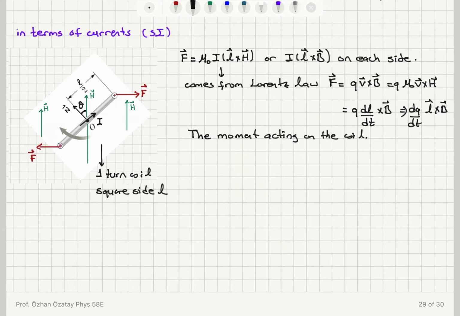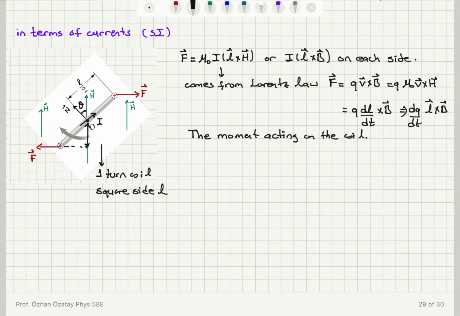On the other sides, the forces will cancel, so it's just the one that has the current coming out and going into the board that has a contribution. You can find the perpendicular distance between the force and the point of application of the force. So that is this perpendicular distance.